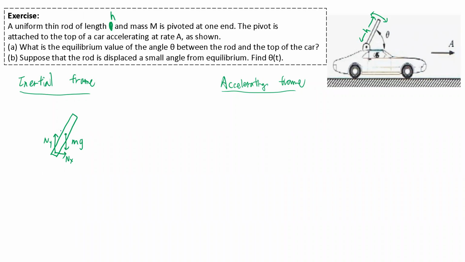If it's not falling down or flipping up, then the position of the center of mass will stay at the same vertical level. So therefore, at least in the vertical direction, there should not be any net force. So that is, Ny is equal to mg, right?